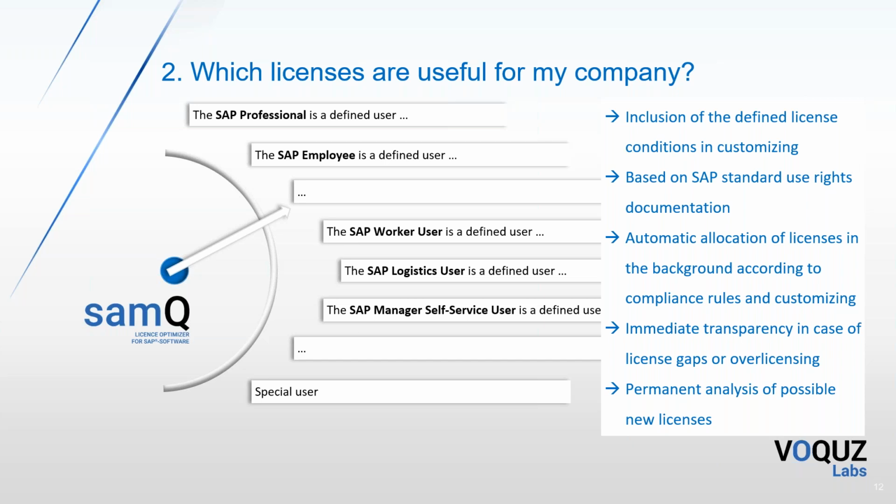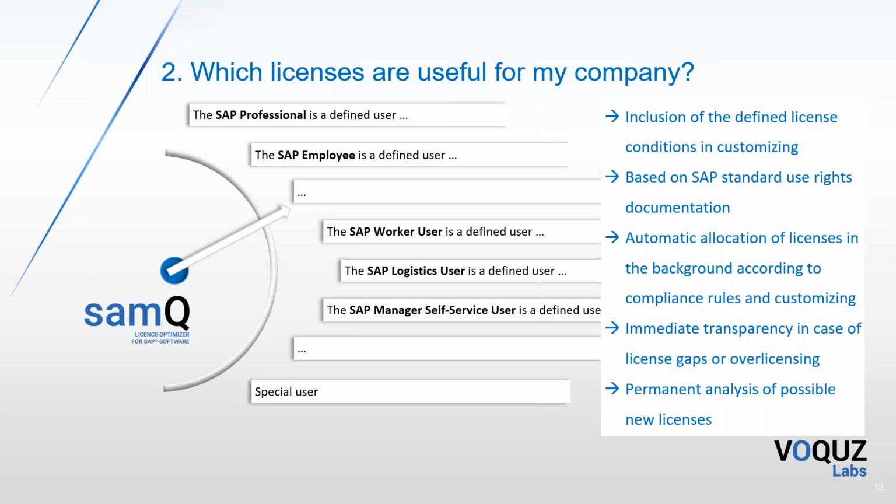So when you buy a tool, you should start defining and customizing these standard license types, but the tool should bring them with it. On the other hand, you might, as I said, have specific agreements with SAP for specific license types, and the tool must adapt to this and let you, with as little effort as possible, define those user license types in the tool.